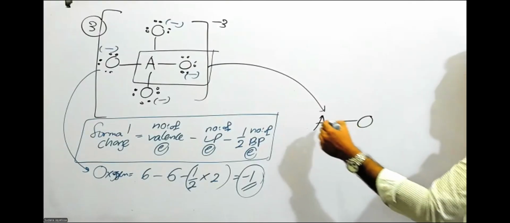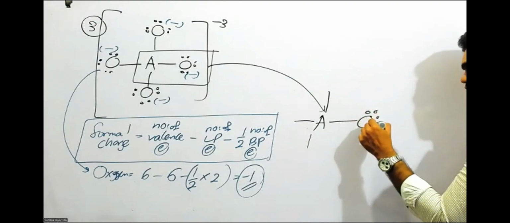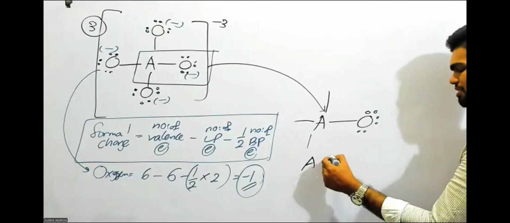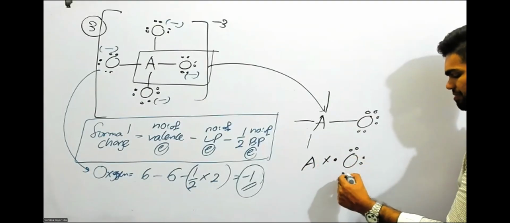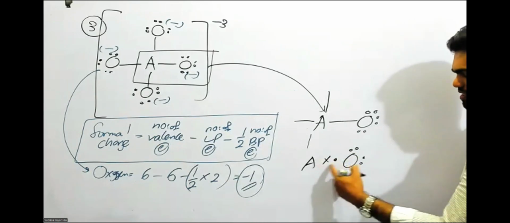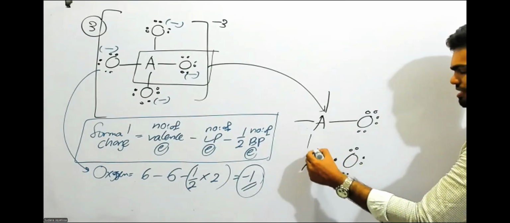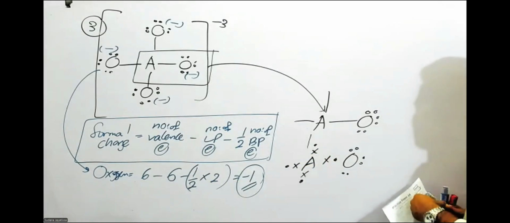Now here A is making 4 more bonds. So if you draw this once again, you can use this dot cross method. Each bond is 2 electrons. I represented using crosses the electrons that came from A.